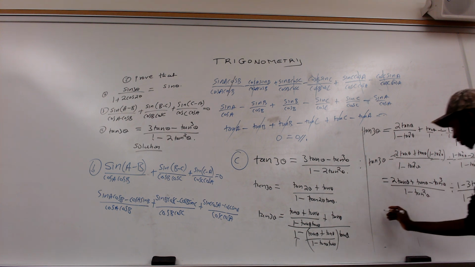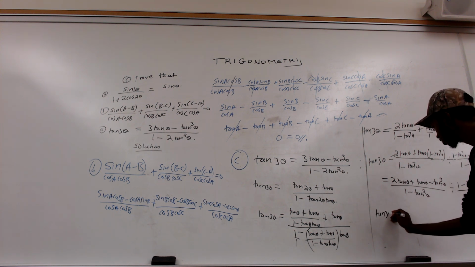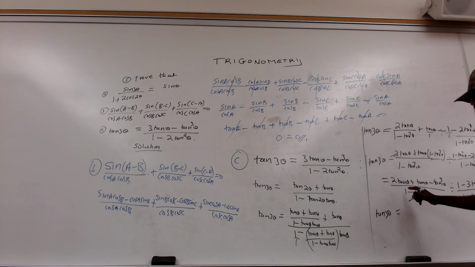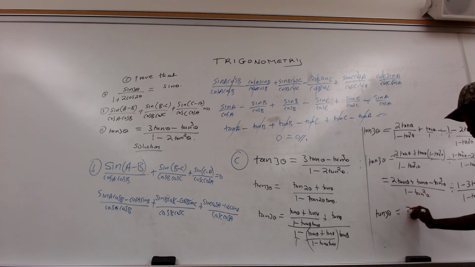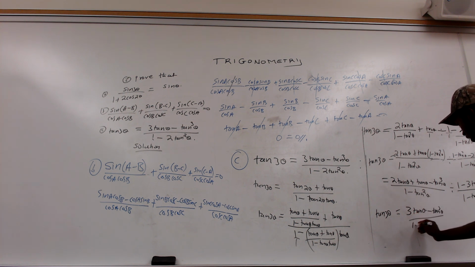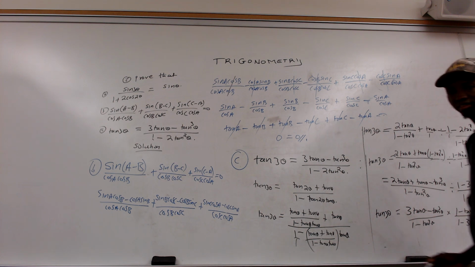So if we take the reciprocal, tan 3 theta is going to give us 2 tan theta plus tan theta, which is 3 tan theta minus tan cube theta, divided by 1 minus tan square theta, times, this will move up, 1 minus tan square theta divided by 1 minus 3 tan square theta.